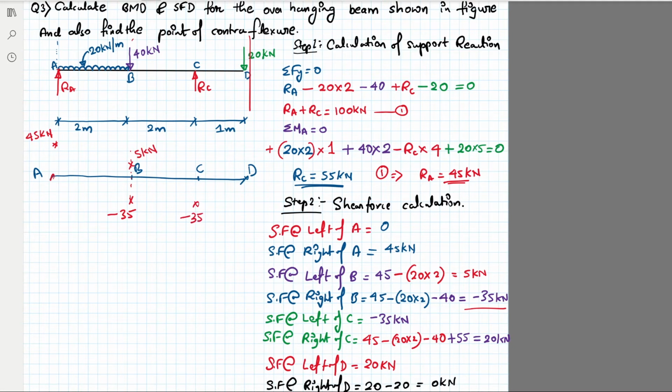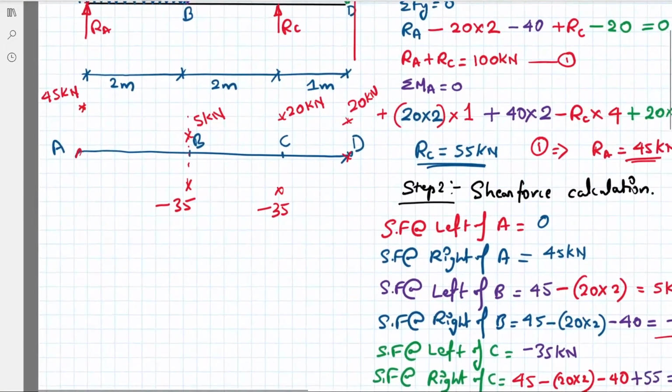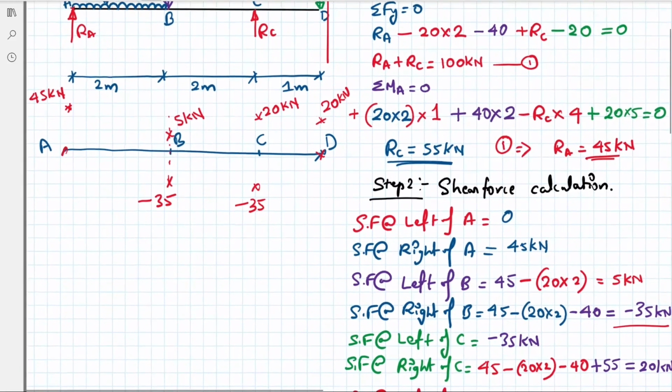Then the reaction is going to act, then it will reach plus 20 at C, 20 kilonewton. Then at left of D, the same value 20 kilonewton, then at right of D, it will reach 0. So I have to join these points.